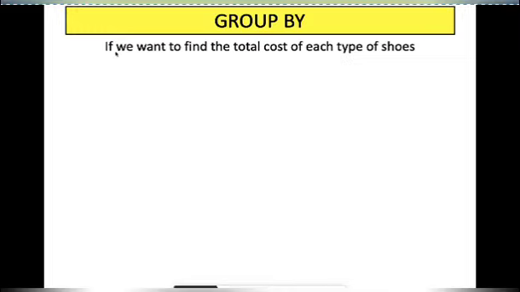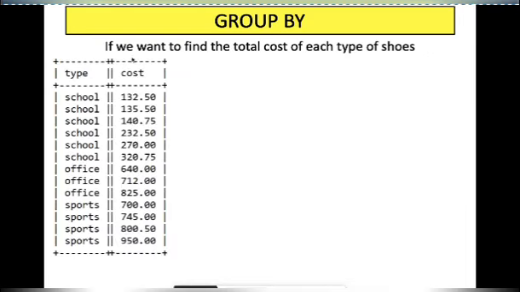Now, if we have a problem something like this, that we want to find the total cost of each type of shoes, like if we have type and cost with us and we want to find the total cost of each type of shoes, like school shoes, total cost, that means these 6 values should be summed up.